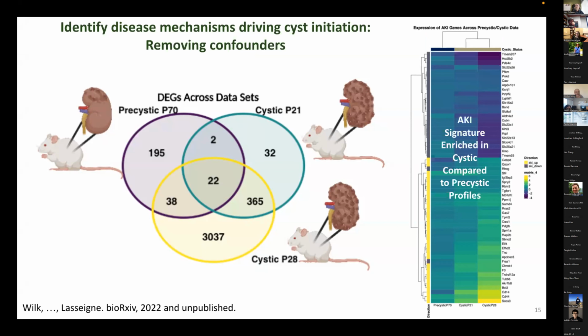We saw that in excessive immune, inflammatory, and keratin upregulation. So before we start diving into drug targets and drug repurposing candidates, we wanted to ask whether we can quantify and really nail down that we are in fact seeing an AKI-like signature in those 2 cystic data sets compared to the pre-cystic profile.